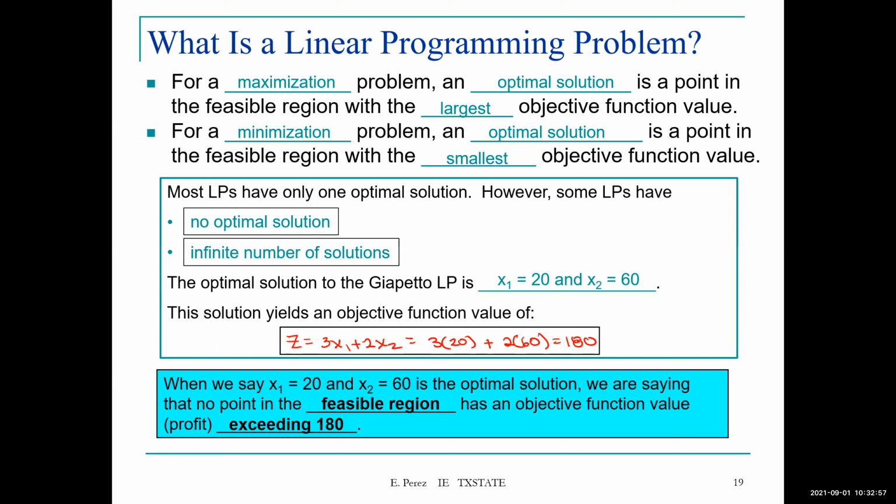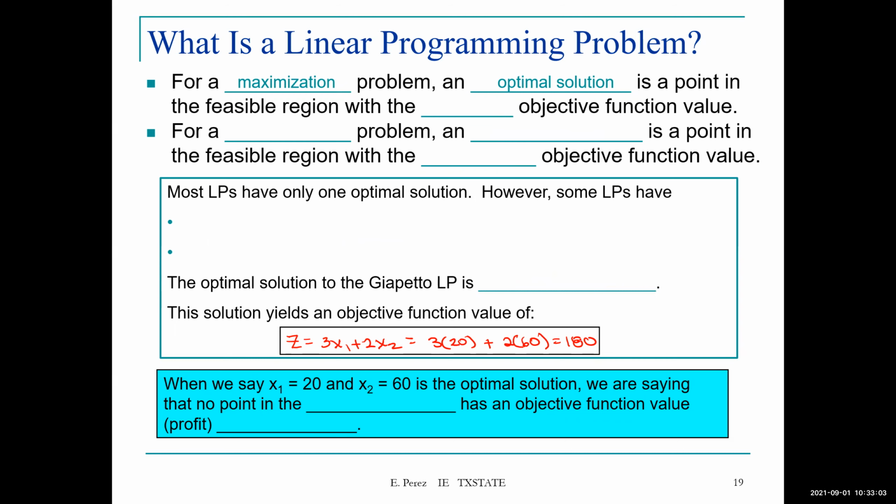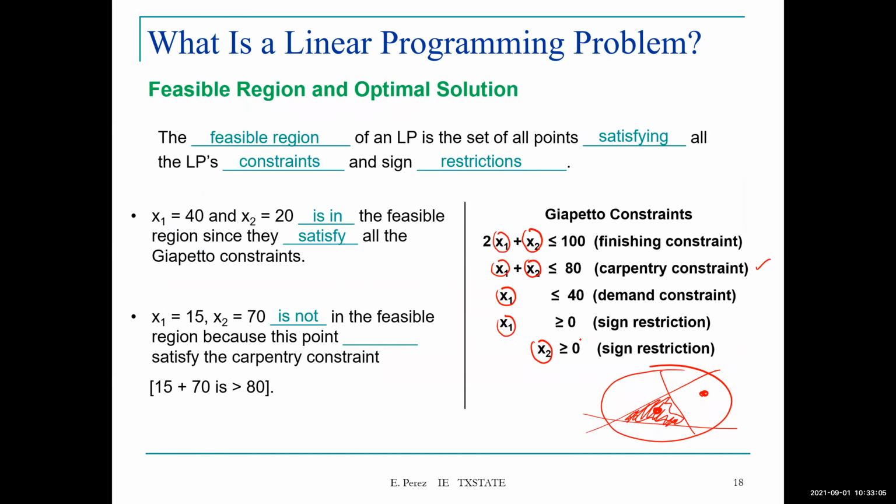For this problem, you have other solutions. If you substitute those into the objective function, you get an objective function value, or profit, that is less than 180. It's going to be 3 times 40.